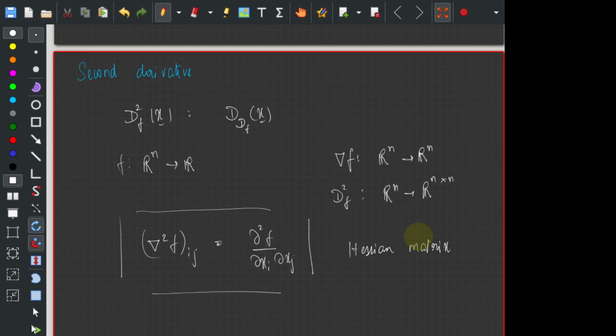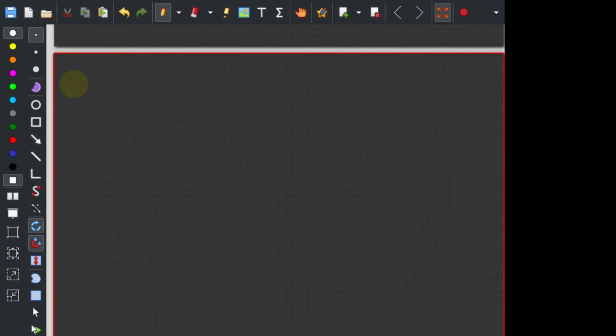All the properties that we had for the first derivative, linearity and the chain rule, also extend to the second derivative, because after all it's a derivative of the derivative. So the chain rule for the second derivative would be the following.